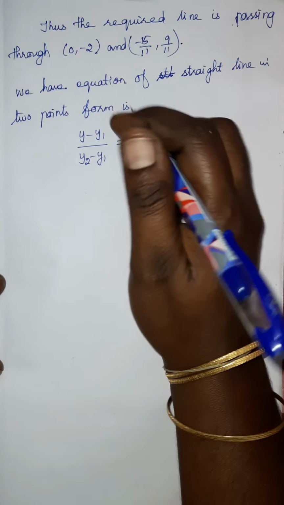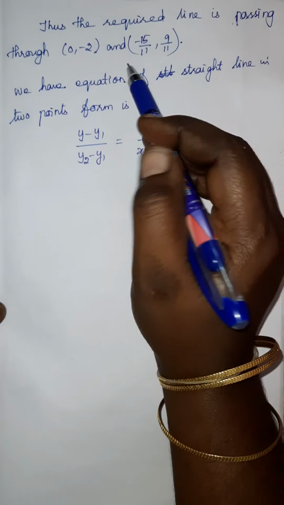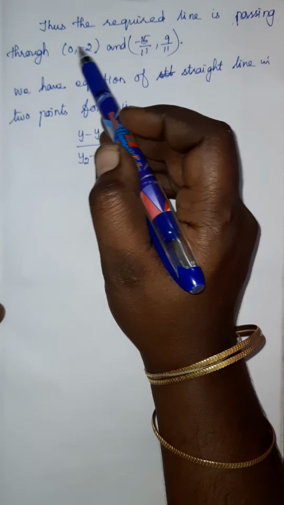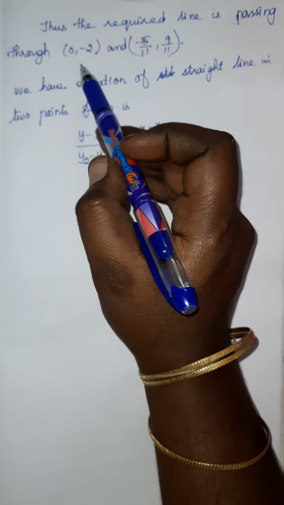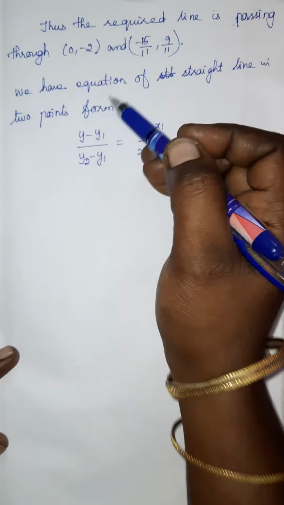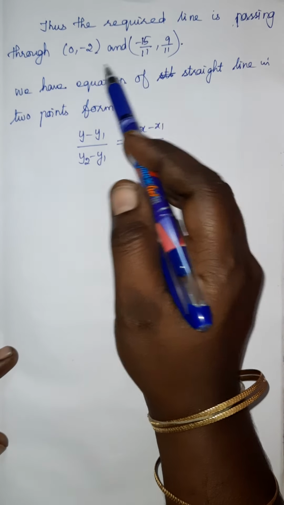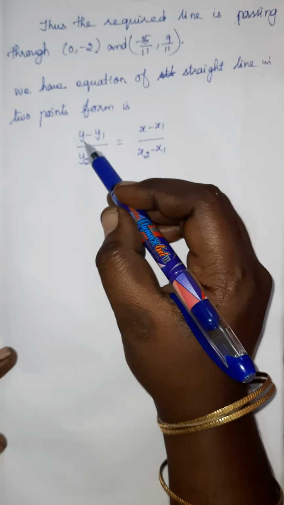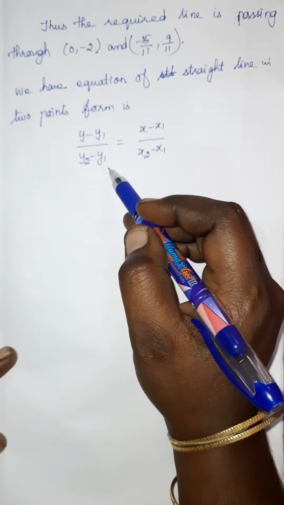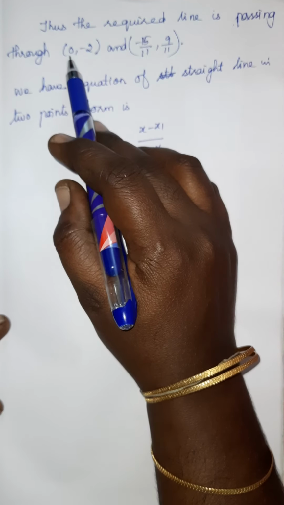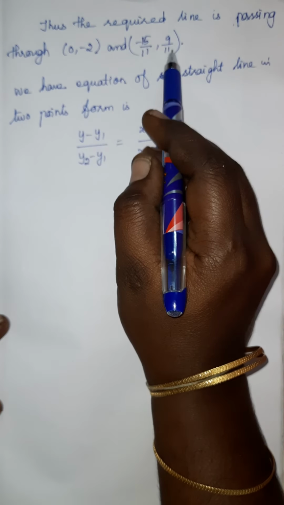So we get the 2 points on the required line. So we can write the required line passing through 0 comma minus 2 and minus 15 by 11 comma 9 by 11. Since we got 2 points on the line, we can use the 2 points formula. It is y minus y1 by y2 minus y1 equal to x minus x1 by x2 minus x1. This is x1 y1, this x2 y2.